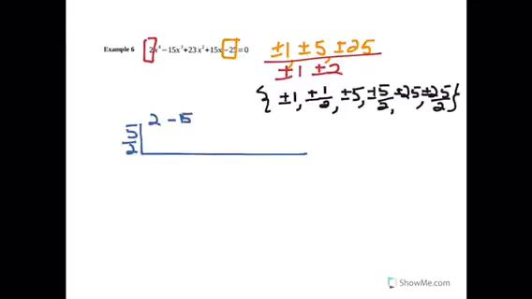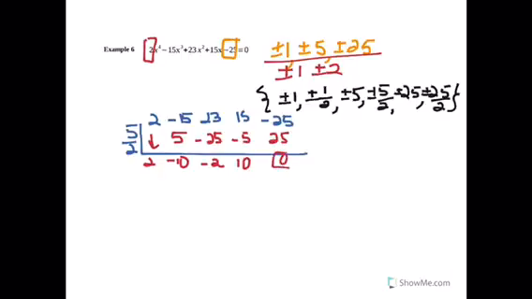2, -15, 23, 15, and -25. So that's 5. That's -25. That's -5. And that's positive 25.